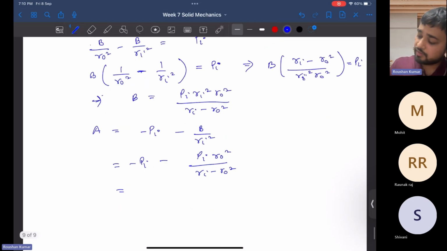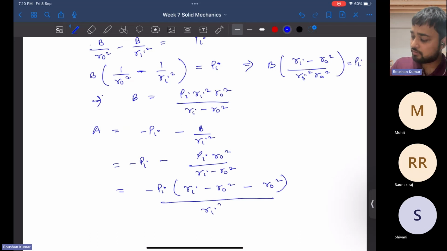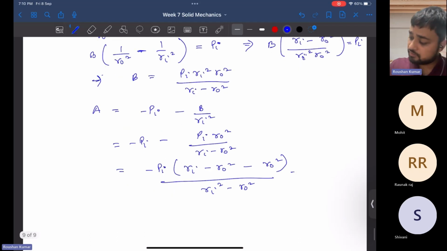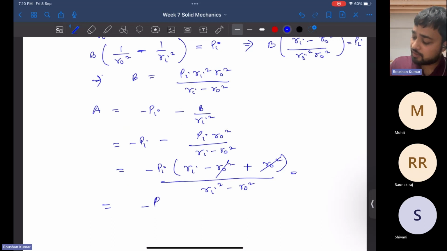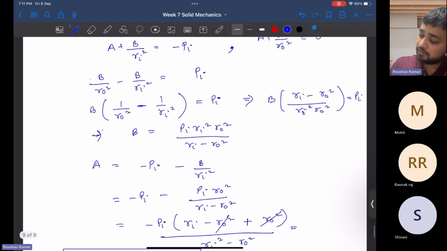If we take the LCM, minus pi times (ri square minus r naught square plus r naught square) upon ri square minus r naught square. So this and this cancel out. The remaining term is minus pi ri square upon ri square minus r naught square. This is the value of A, and this is the value of B.